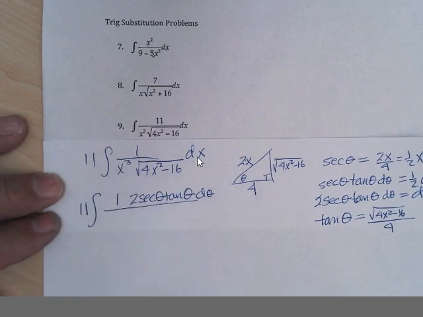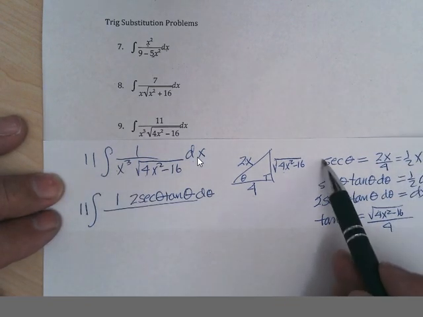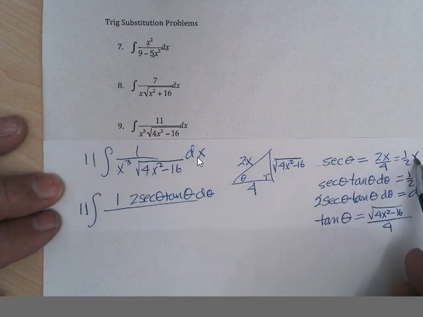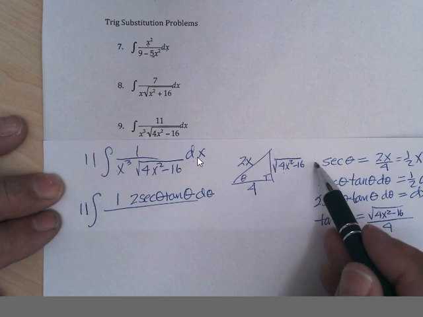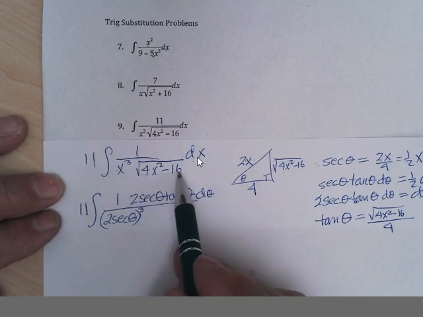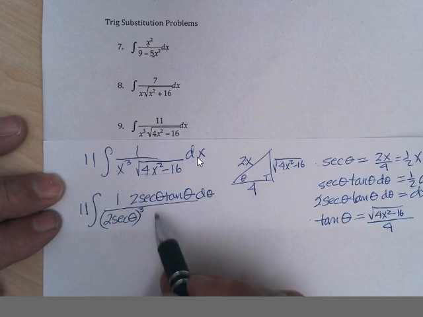The x cubed: if I multiply by 2, secant theta is x, so that would be 2 secant theta to the third. And this messy is 4 tangent theta.